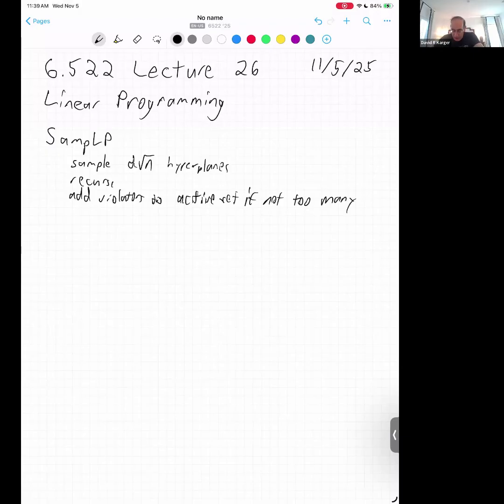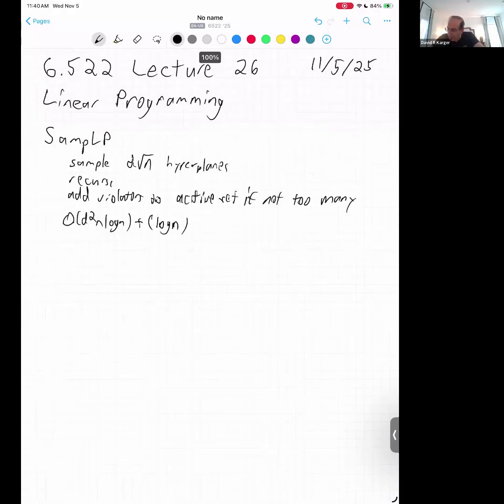And this, when we analyzed it, yielded a runtime of order d squared n log n, which is basically the work of checking for violating hyperplanes and such, plus a term which was determined by the size of the recursion tree.